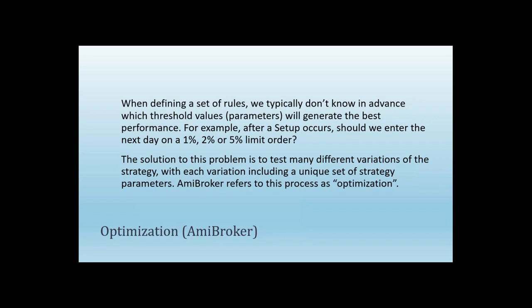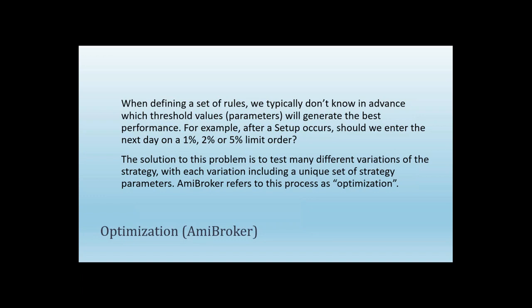What AmiBroker allows you to do is run an optimization whereby you tell it which parameters you want to optimize over, and you give it a range of values for each one of those parameters. So maybe my limit order percentage would be 1% through 5% in increments of 1.